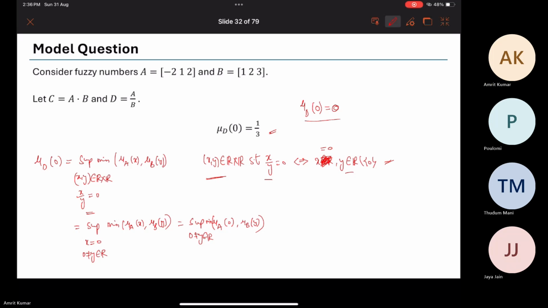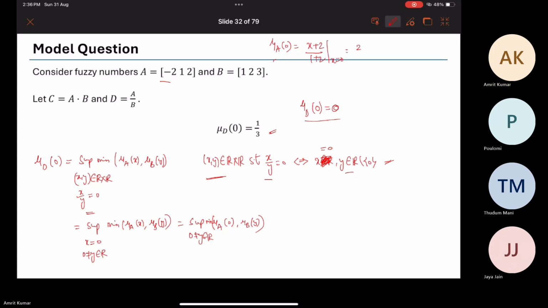Now let us draw the graph. So we need to evaluate mu A of 0. Now I hope you know how to do that, right? A is a triangular fuzzy number and we need to evaluate its membership at 0. So this is basically x by 2 plus 1 by 2 at x equals 0.